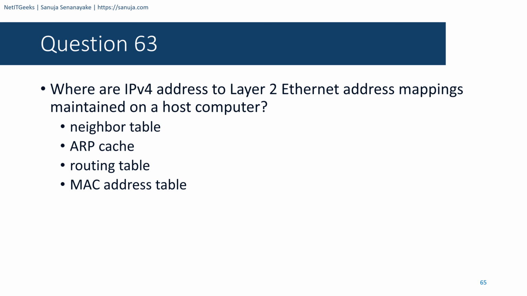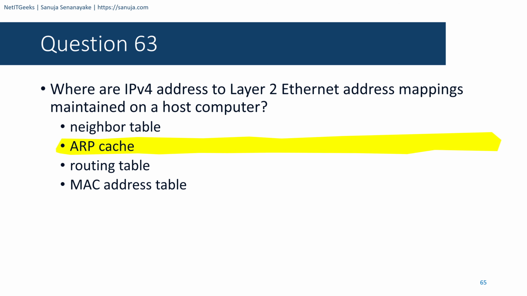Question number 63. Where are IPv4 address to layer 2 Ethernet address mappings maintained on a host computer? Neighbor table, ARP table, routing table, MAC address table. Again, this is a fundamental concept you should know, and I will give you the answer right now.